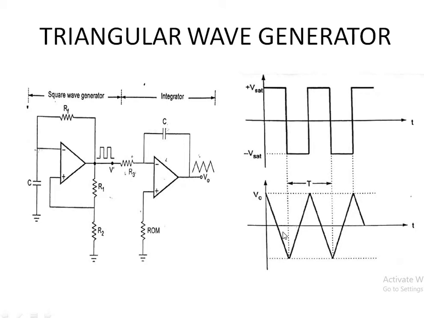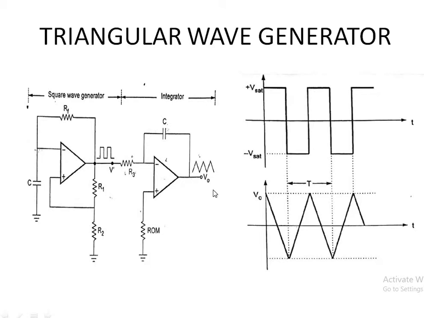Similarly, in the next case, when the output of the first operational amplifier is negative V saturation, the current will be minus V sat divided by R3, and this negative current will drive the op-amp so as to produce a rising ramp, or positive ramp, signal.